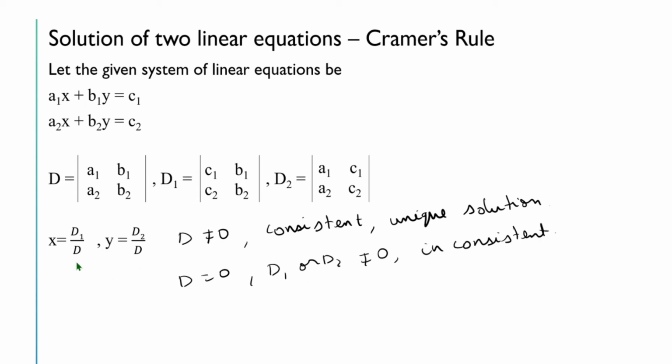So here x or y will not be defined, and the system is not consistent. On the other hand, if we have D equal to D1 equal to D2 equal to 0, then in that case we say the system has infinitely many solutions.